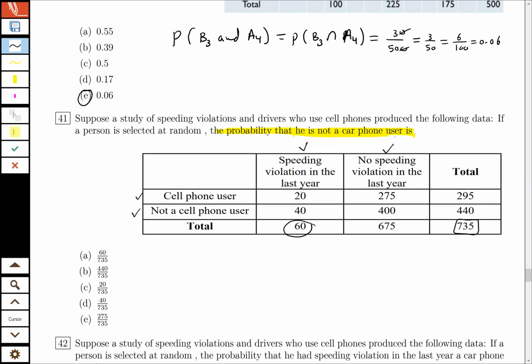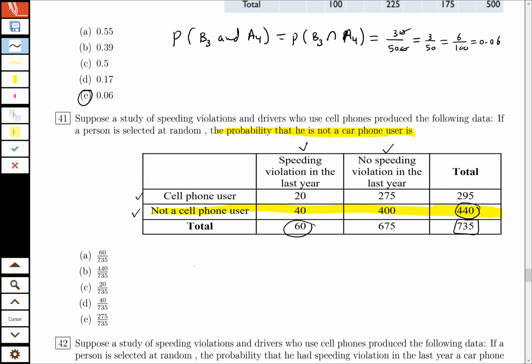Which one has no cell phone? It's 295. They don't have a phone. Here you can see that is cell phone. Oh, sorry, that is not. He has not means 440. So he has no phone.